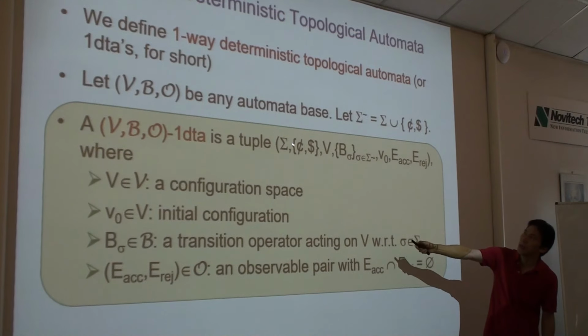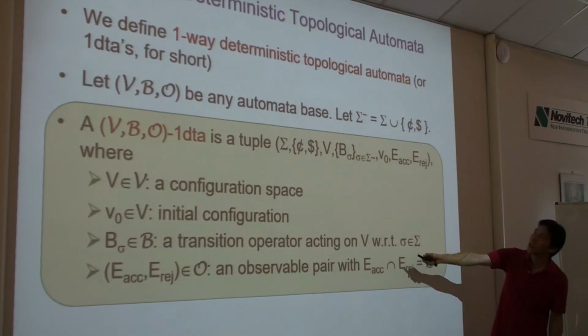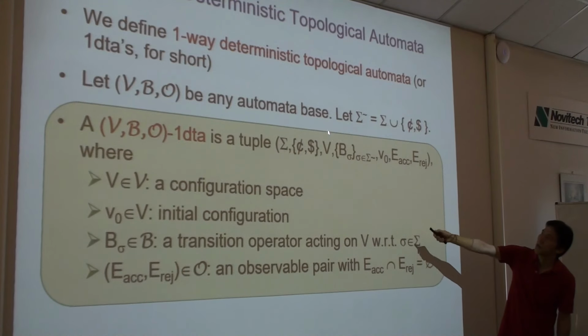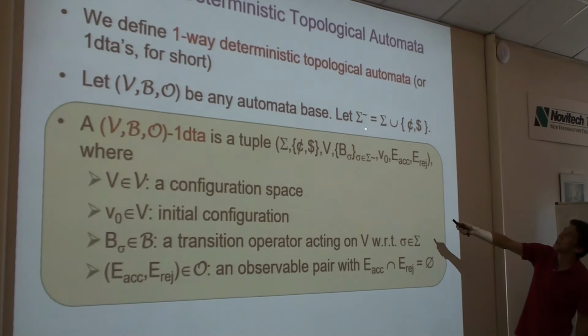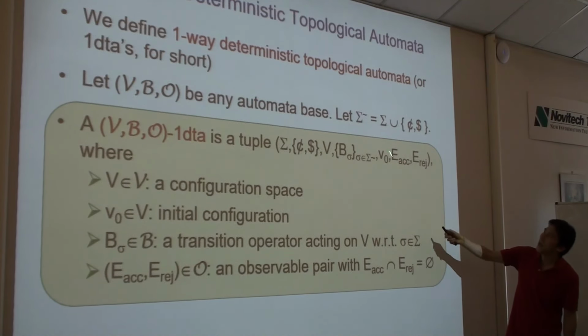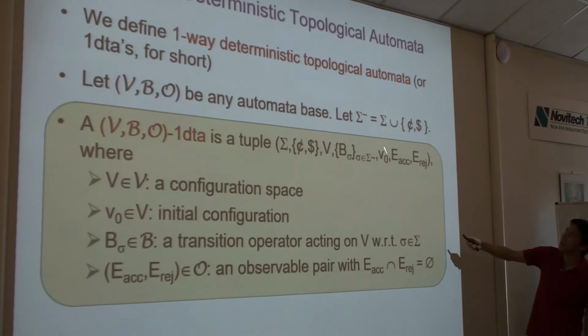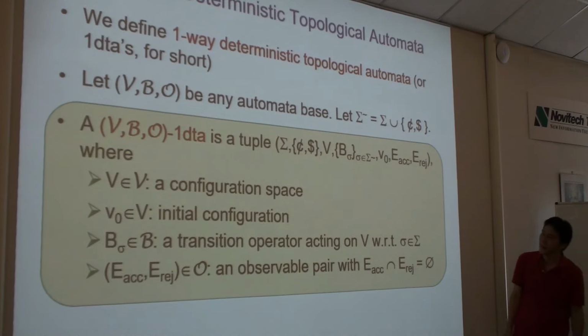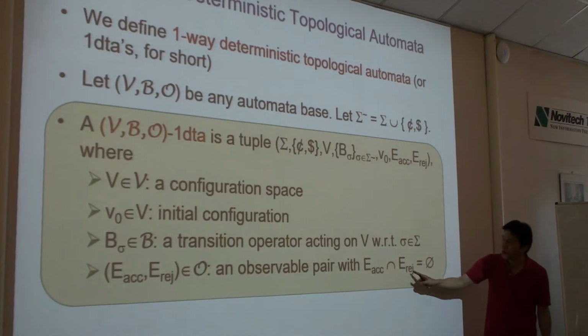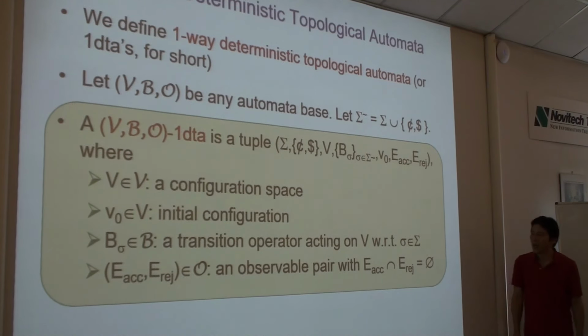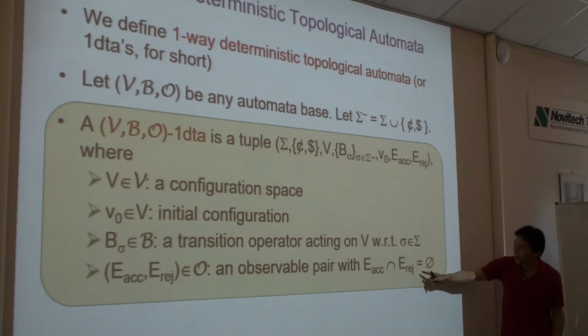We have the alphabet and end markers, the entire configuration space, and operators associated with each letter, where the letter means the alphabet and the end markers. We have the initial configuration, and two sets, the accepting space and the rejecting space, and we assume that the two sets do not have a common element.